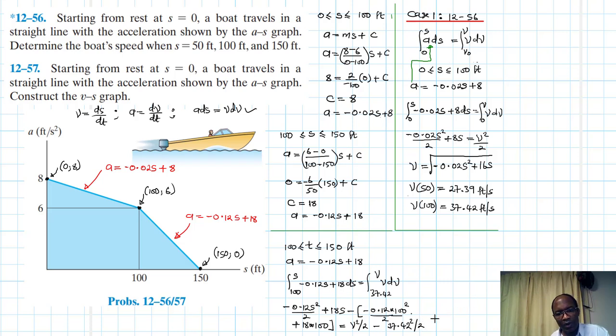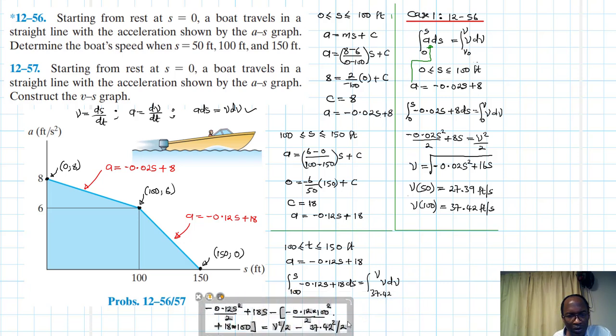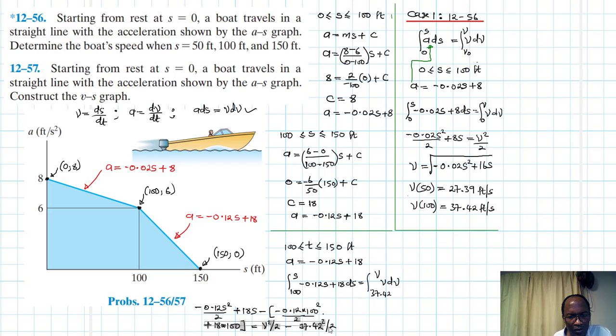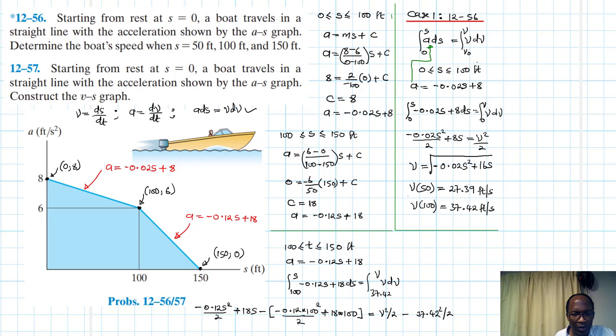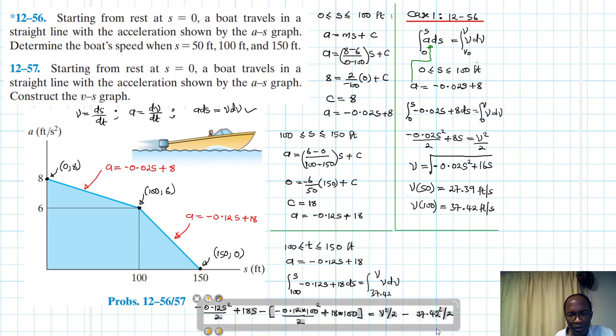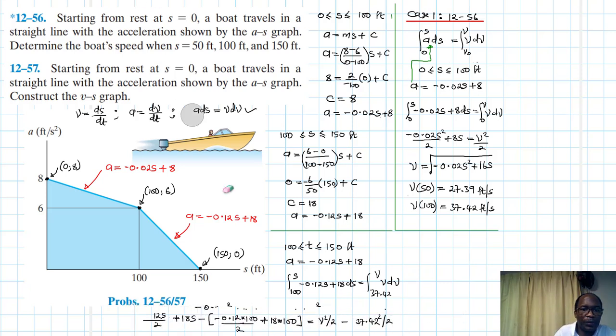Okay, is it visible enough? Yes, it is. Maybe I move it like so. This is divided by 2, right? Okay, therefore, let me move this as far as there.